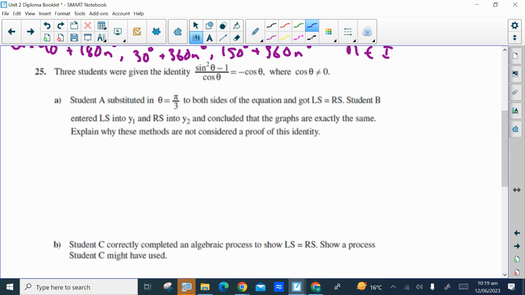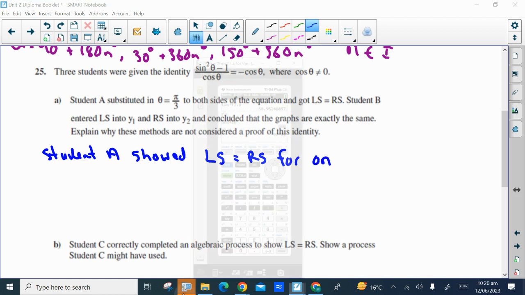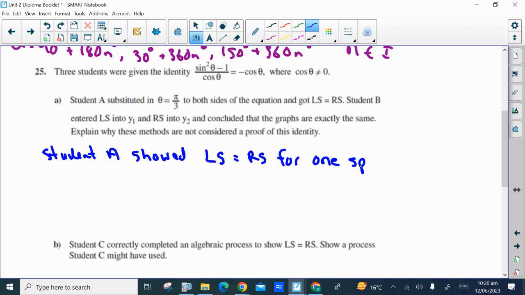So we did these methods as a check, okay? But we also talked about the fact that these first two methods weren't sufficient for proving an identity. So student A only showed that left side equals right side for one specific angle.